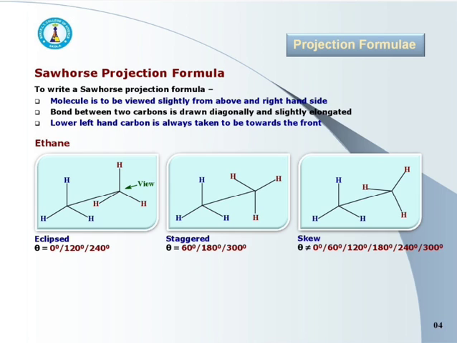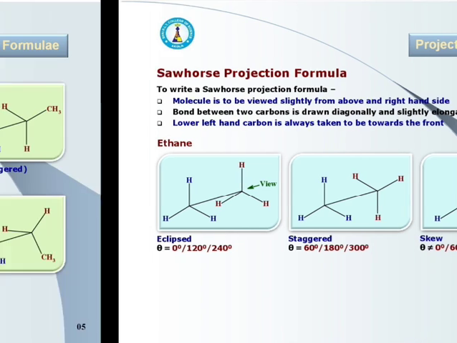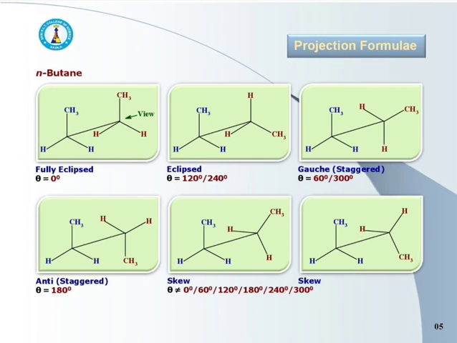And in skew conformation, which is any intermediate conformation lying between eclipse and staggered, the dihedral angle theta has any value other than 0 degree, 60 degree, 120, 180, 240, or 300 degree. Next to this is the example of n-butane.